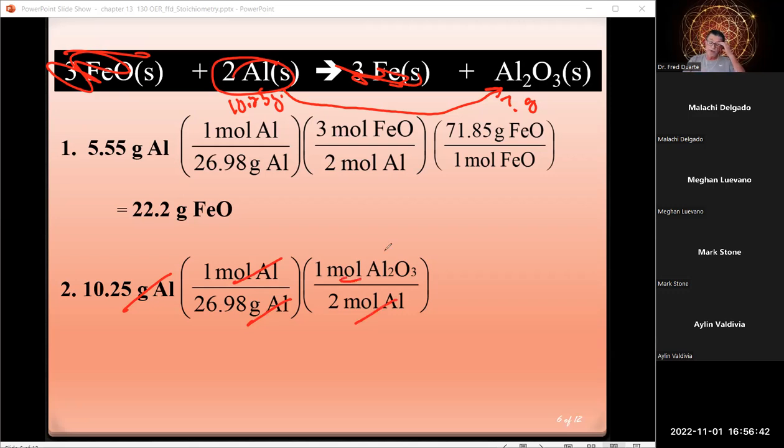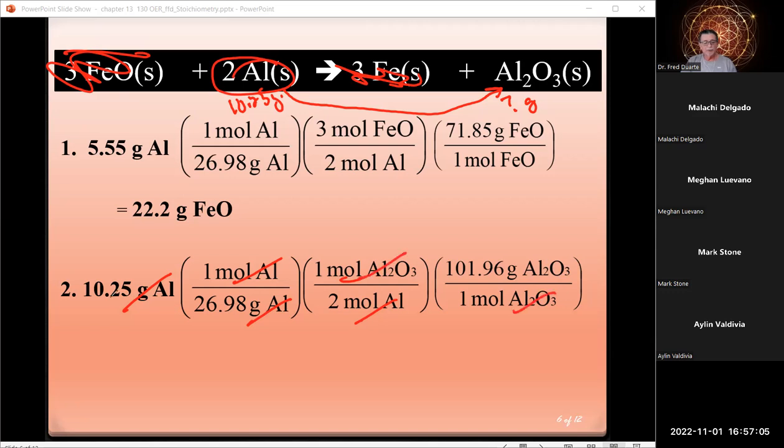I'm unit-wise in moles of aluminum oxide, but I need to get to grams. So I need the molar mass. I add up the atomic weights for both aluminums and the 3 oxygens, and that should add up to 101.96 grams per mole. Okay, that is the molar mass.